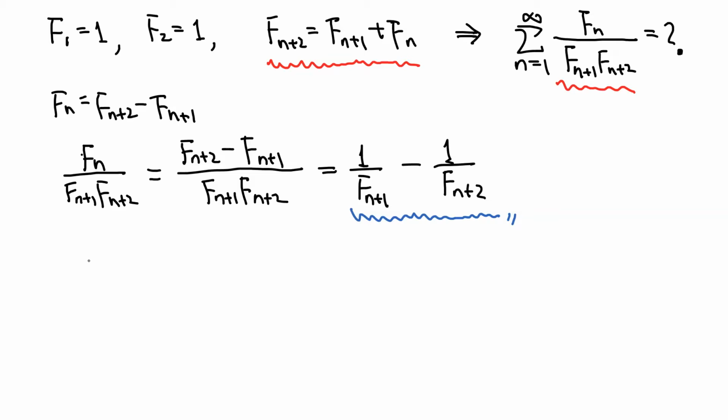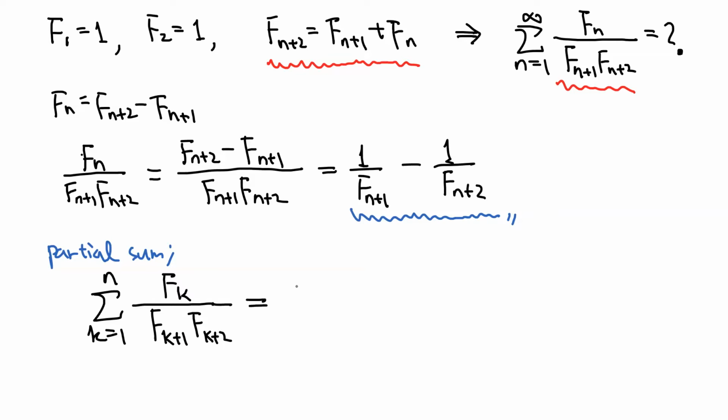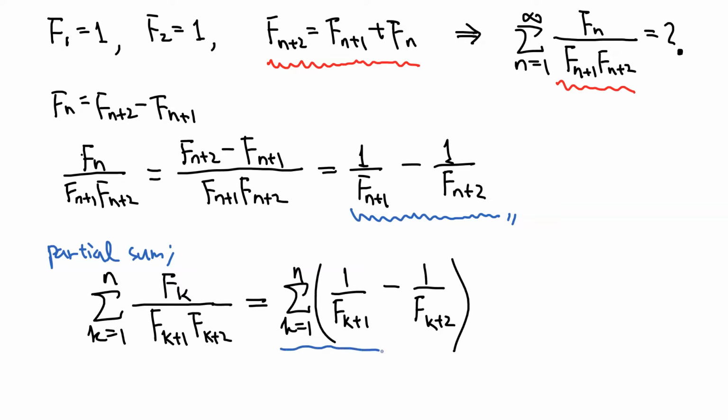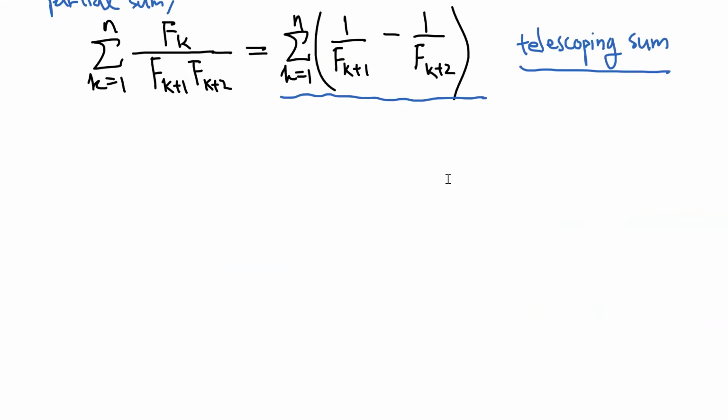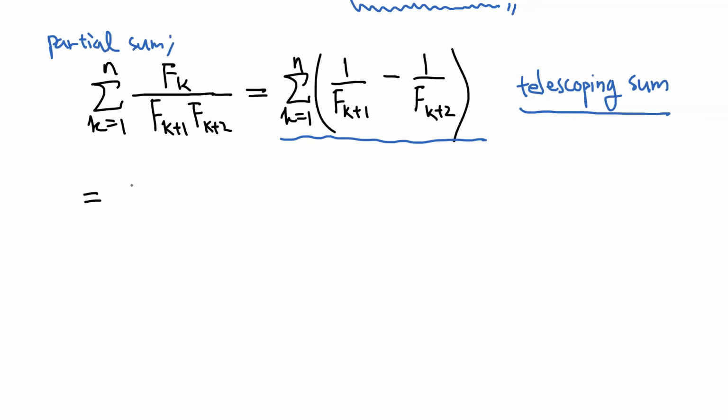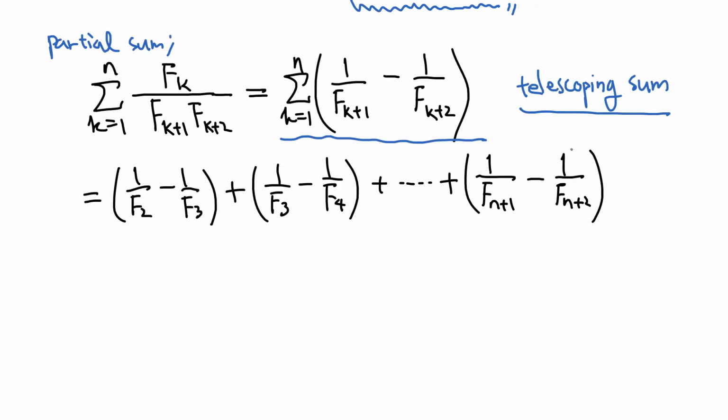So let's take a look at the partial sum. Right, so this partial sum is the sum of 1 over Fk+1 minus 1 over Fk+2. And this right here is actually a telescoping sum. So if we write down the sum, it is this.